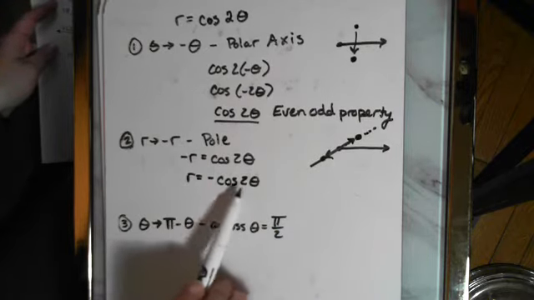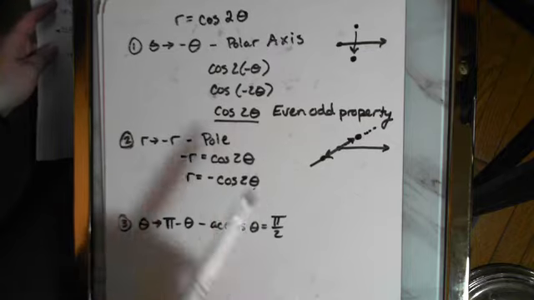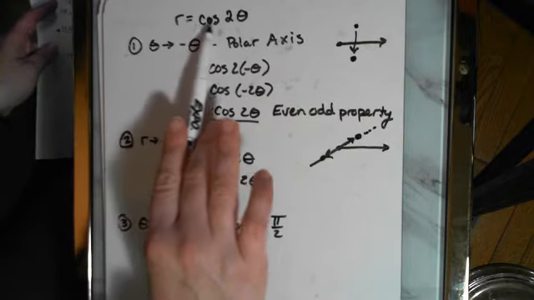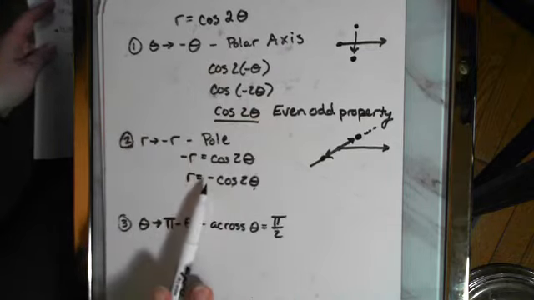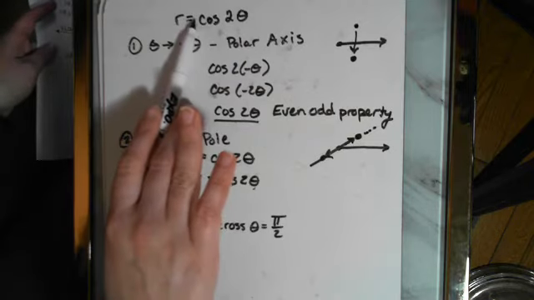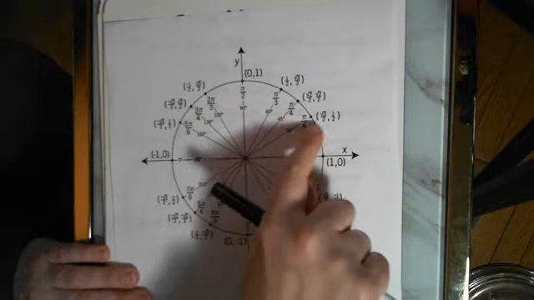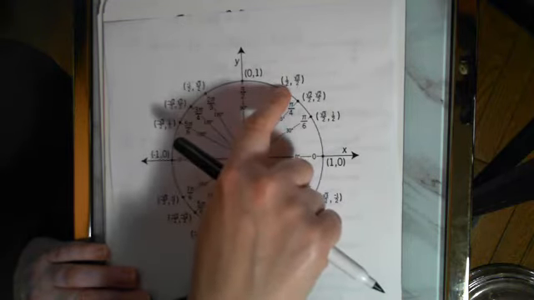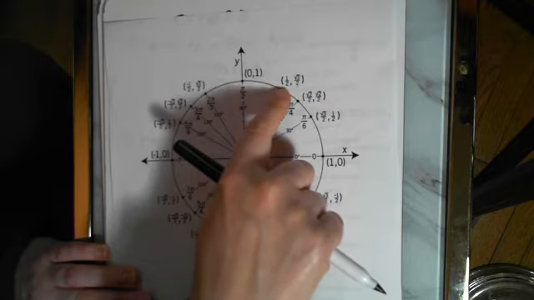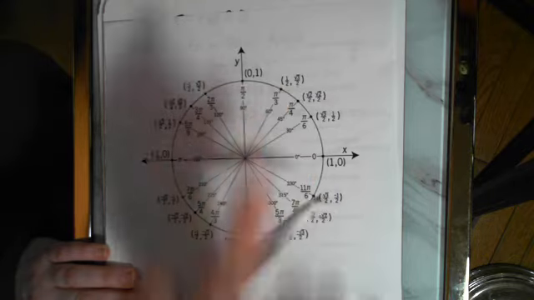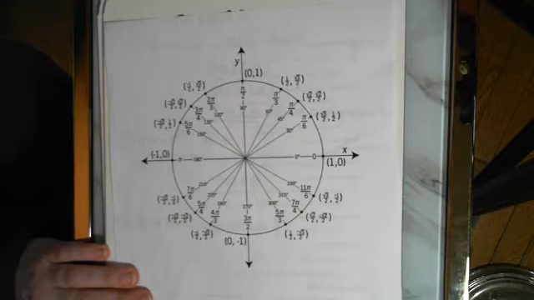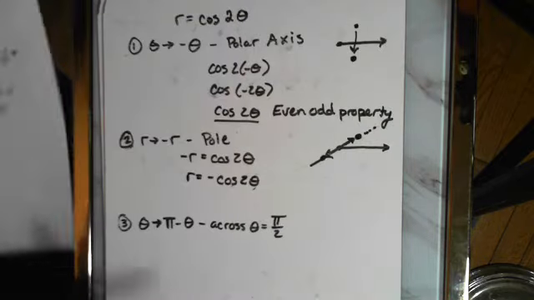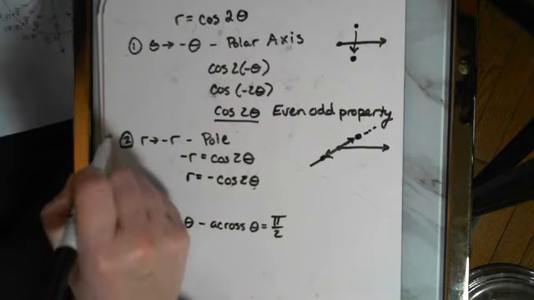Now, negative cosine 2 theta is never going to equal positive cosine 2 theta because it's going to change the sign. And we can check it with our test point. If I use pi over 6, 2 theta is going to be up here, 1/2. And 1/2 and negative 1/2, because that would be negative 2 theta, are not equal. So it doesn't work on that. Okay, so it failed this test.